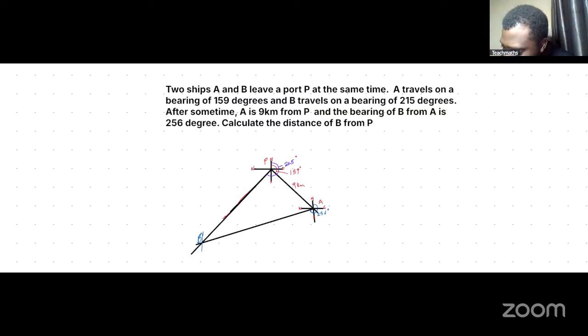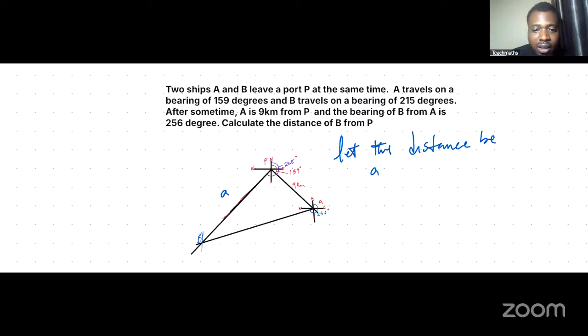We're looking for this distance, and that is opposite to angle A. So let's call that distance small a, in kilometers. So let's see, what are the angles we have that we can find? Now let's pay attention to this angle.